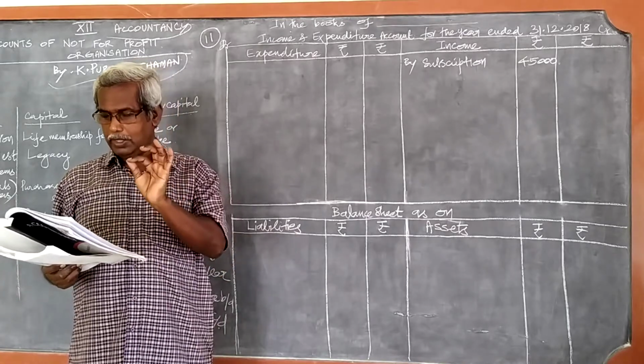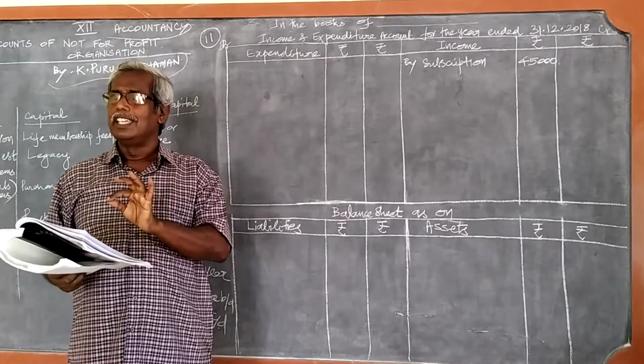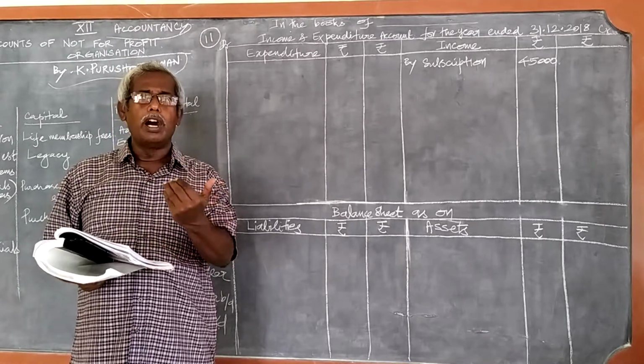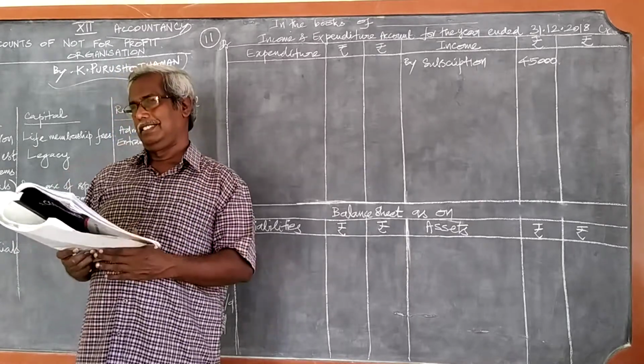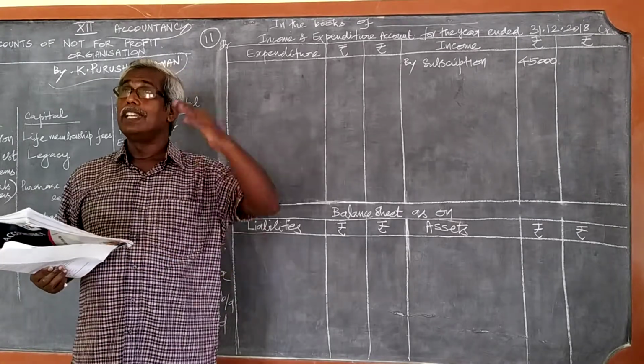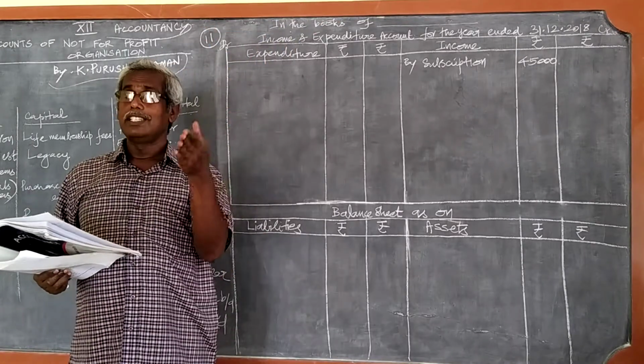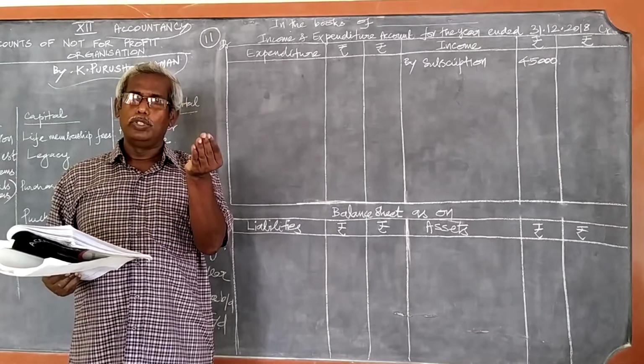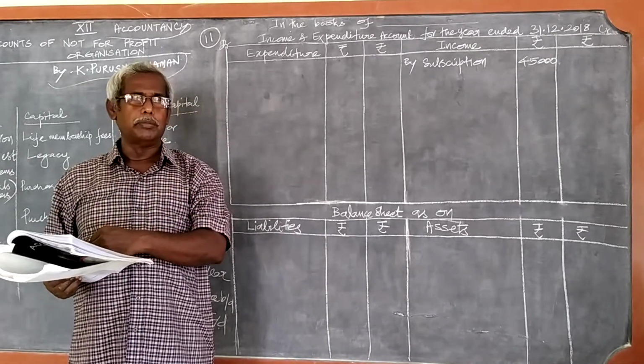On 1/1/2018, if there is any outstanding, it must be of the previous year. What happened yesterday is the beginning of this day. நேற்று என்ன முடிஞ்சதோ அதுதான் வச்சுதான் இன்னைக்கு பிசினஸ் ஆரம்பிக்கும்.